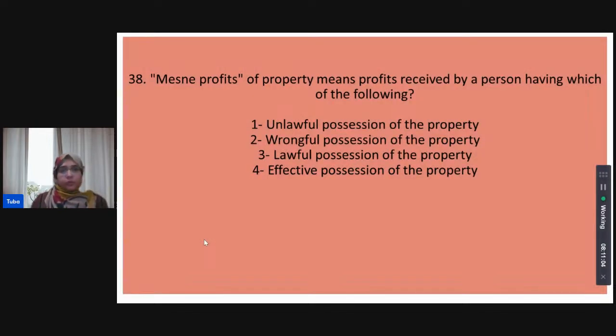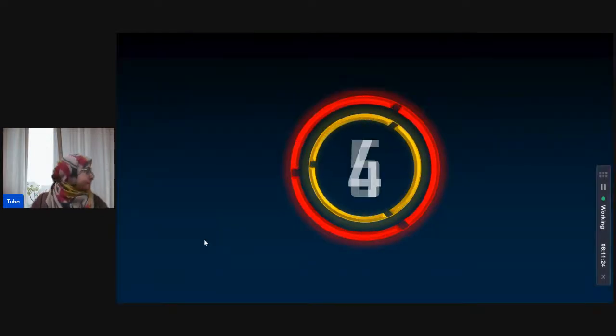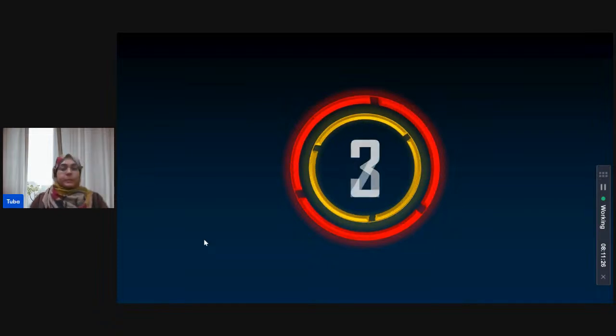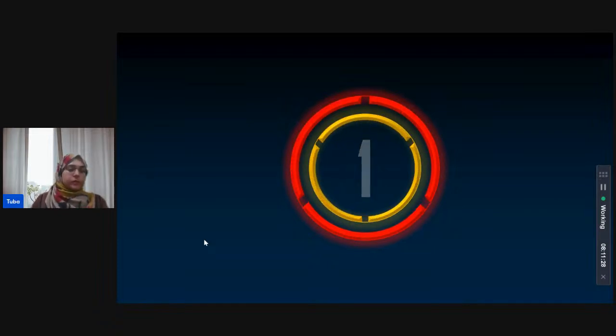So mesne profits of property means profits received by a person having which of the following? Is it profits that are received by a person who is in unlawful possession of property, or a person in wrongful possession of property, or a person in lawful possession of property, or a person in effective possession of property? Okay, Chetan and Subrat.